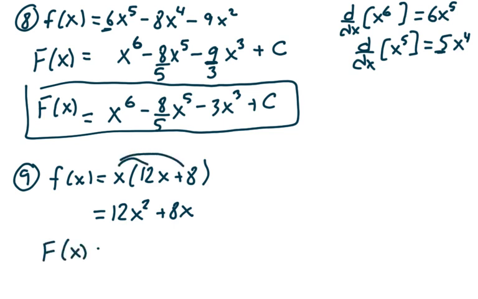Capital F of x equals. Now, I get 12x cubed, right? But I need to divide that 12 by 3. And then I'm going to add 8x squared, and I get to take that 8 and divide by 2, and then I add c.